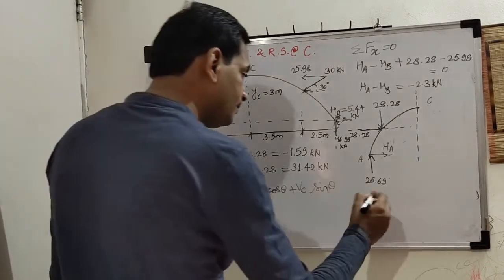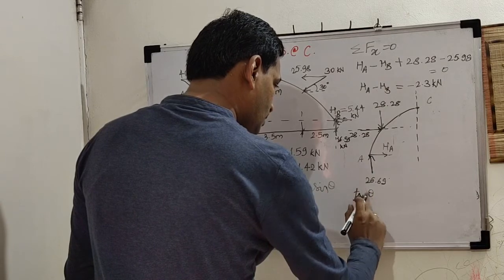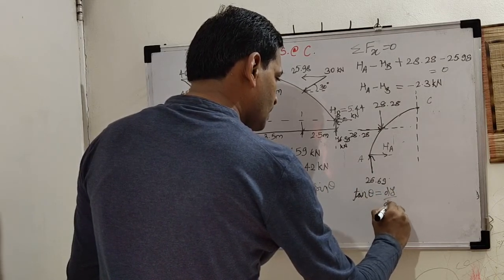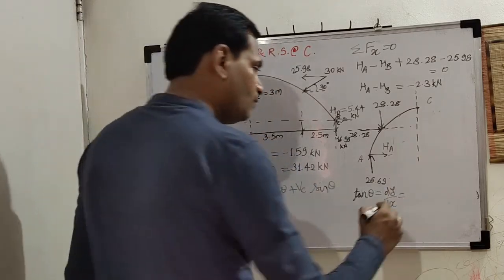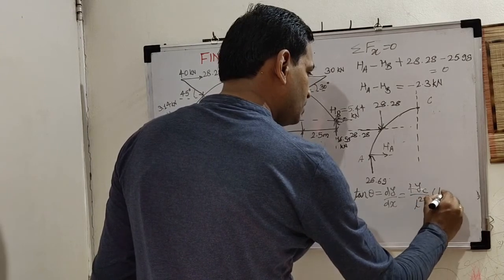So tan theta is equal to dy by dx. What is the equation? 4yc upon L square into L minus 2x.